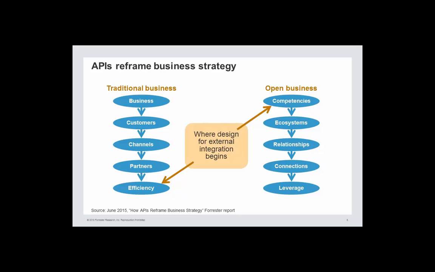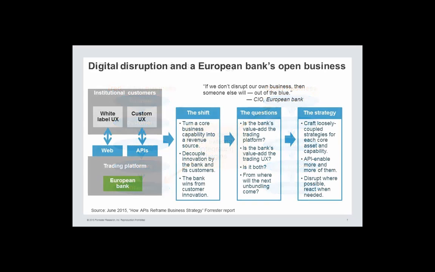So it's about what connections enable those relationships, and how you leverage them. The point is, design for internal or external integration begins at the whole other end of the spectrum. You need to understand how your competencies, the things you're good at, can connect into new ecosystems and new opportunities.